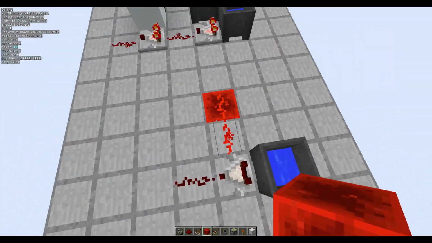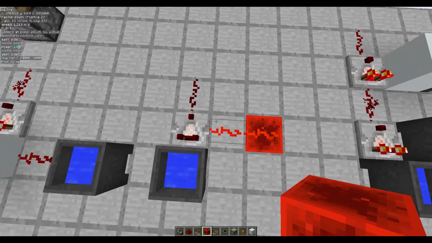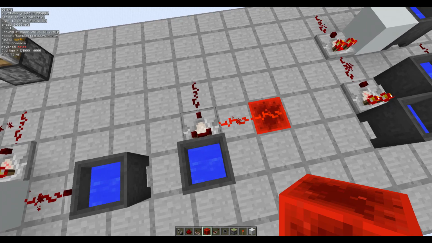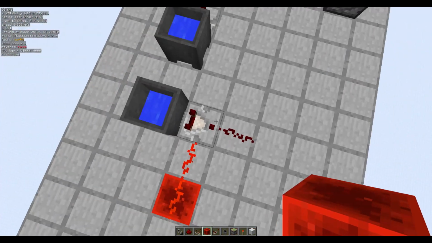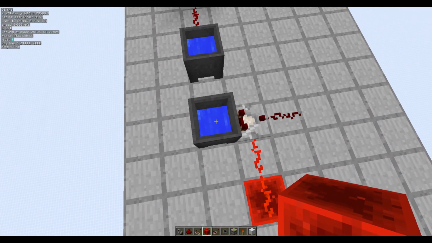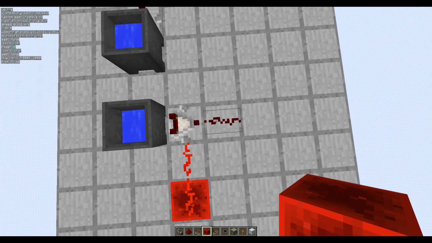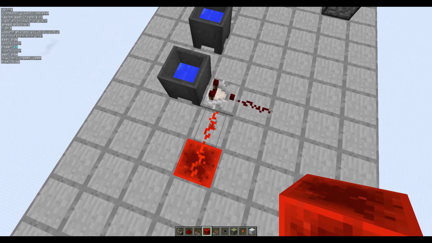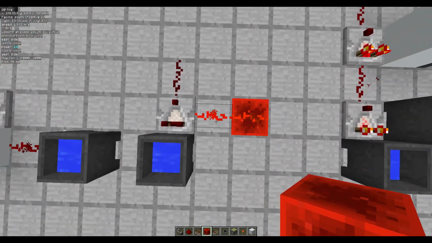Okay, so here is something that trips people up, the compare mode of a comparator. It's really simple, so let's just explain this. We have a power level 1, and we would expect it to output a power level 1, except that we have a power level of 14 going into the side. So what does this mean?